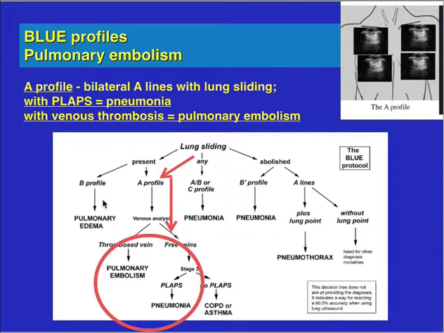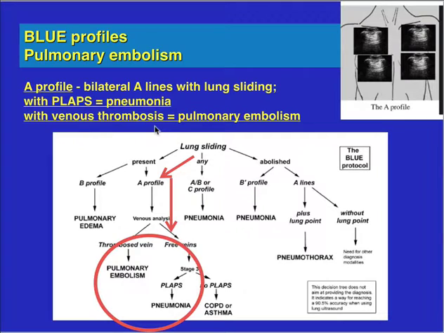The next thing I want to go through is an A profile with lung sliding. If you have A lines everywhere, then the next thing you should do is go to the back, to the posterior region, and look for pneumonias, and look for DVT in the lower extremities.